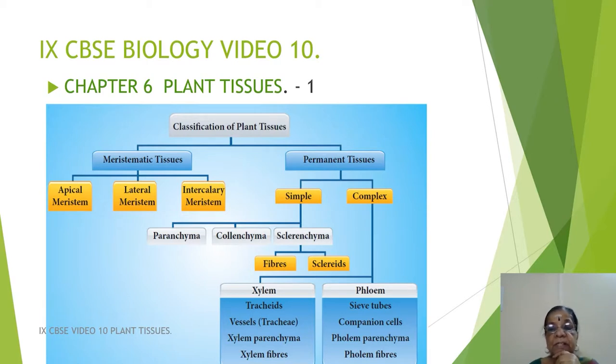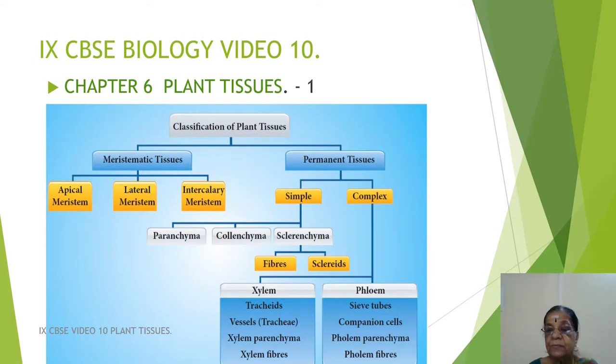Okay. Now this sclerenchyma is further classified as sclerites and fibers. I hope you follow. And complex tissue is xylem and phloem. Xylem is called complex because there are 4 different xylem elements. Name the elements.